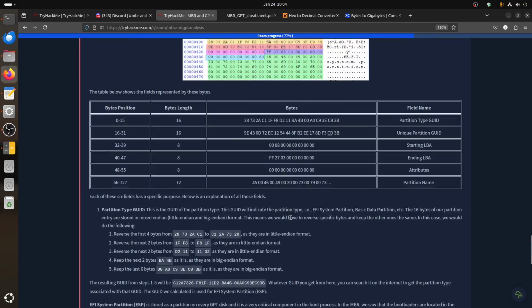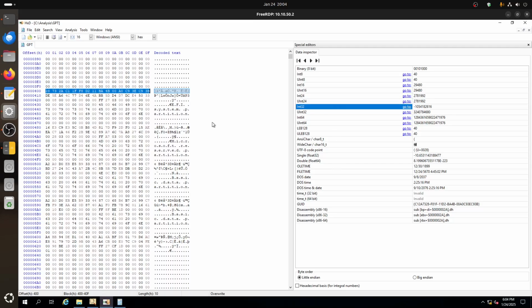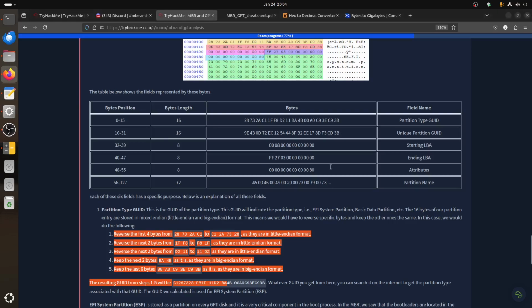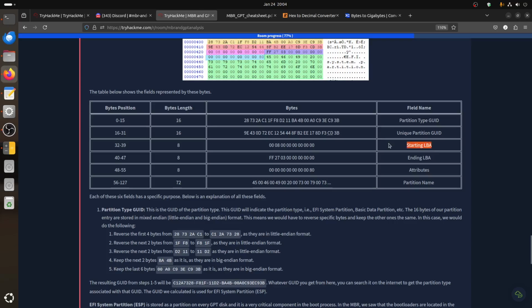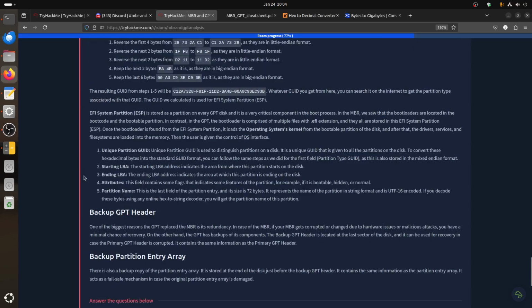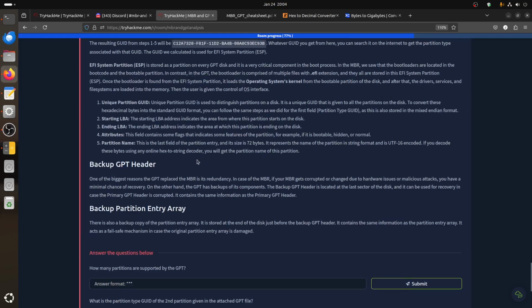You can do this, or you can just highlight it and it gives you the ID directly. And then the next ones are the start LBA and end LBA, the same as before, then the attributes. I'm sorry if I'm not explaining this too much, but this one you need to sit and read through.